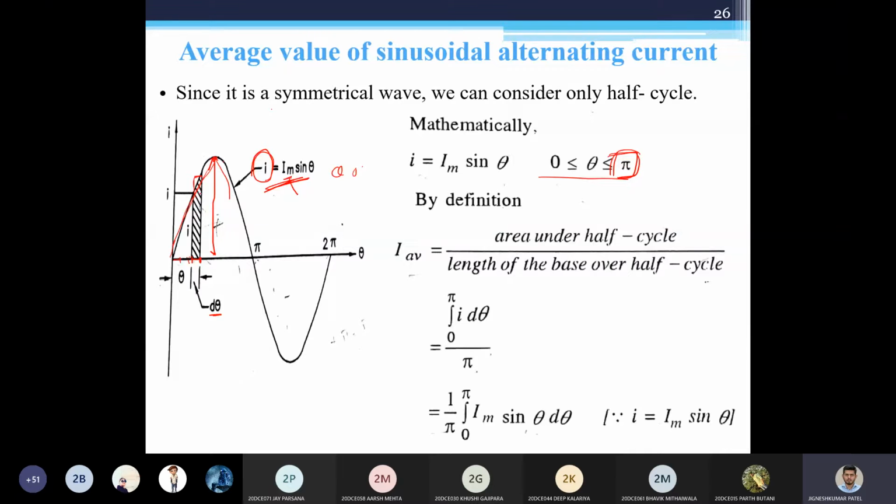This part is a little bit big, but if I take a very small step, the thing would be almost a rectangle, and then I can find the area easily. That's why we take a small part. We have done this in 11th and 12th so many times. Always we integrate or differentiate with a very small part, and then we integrate it over a longer part.